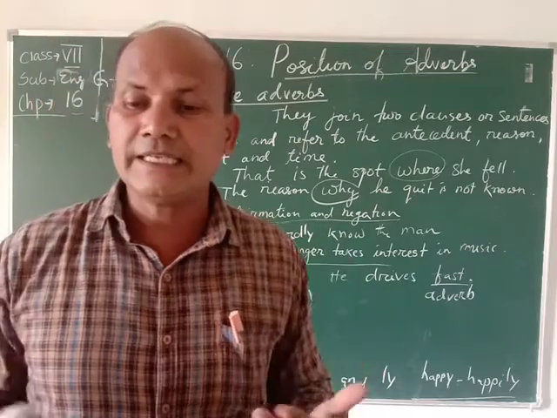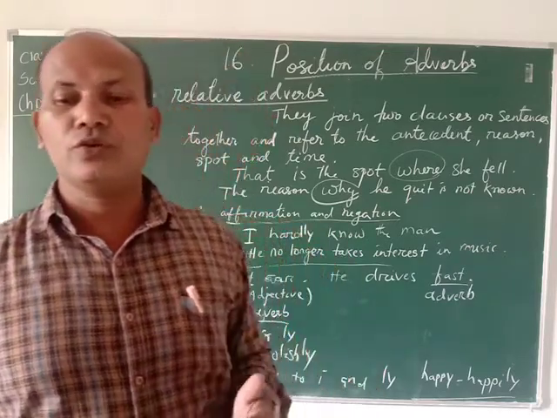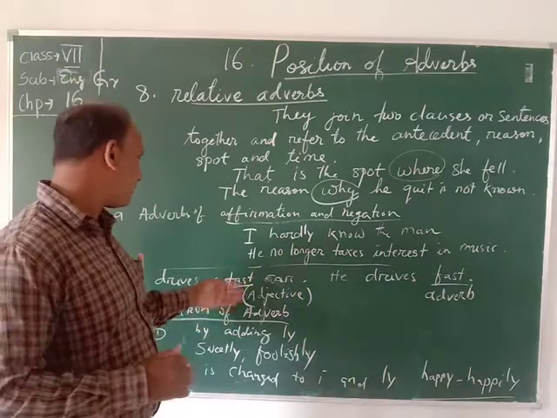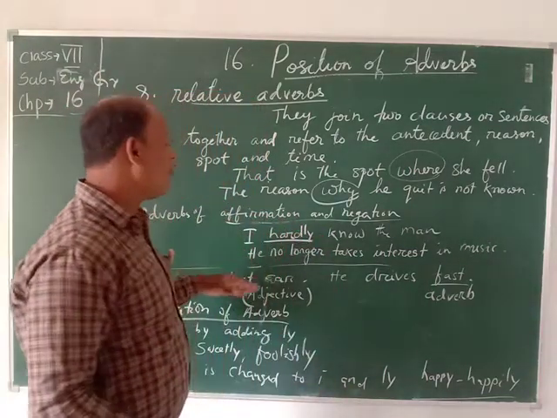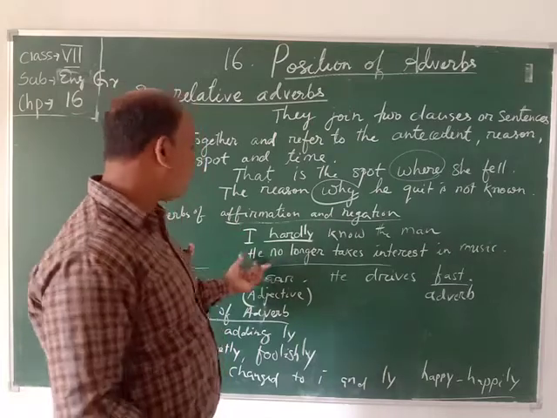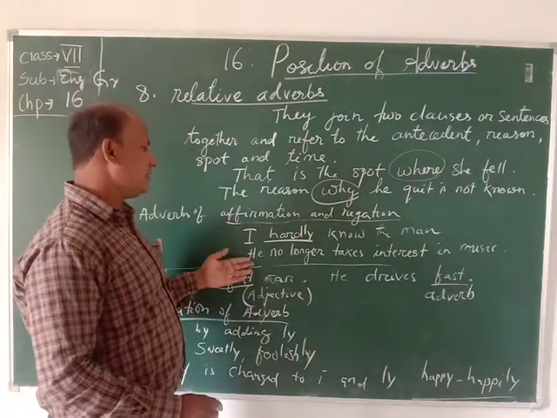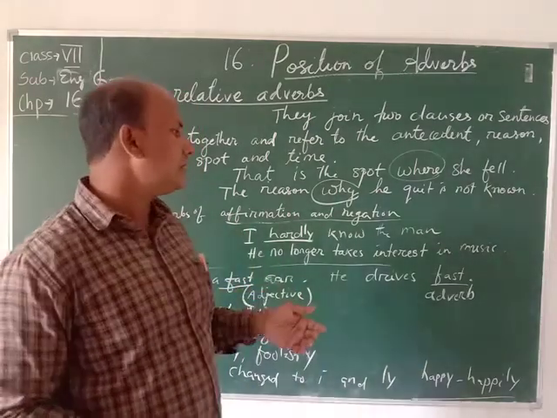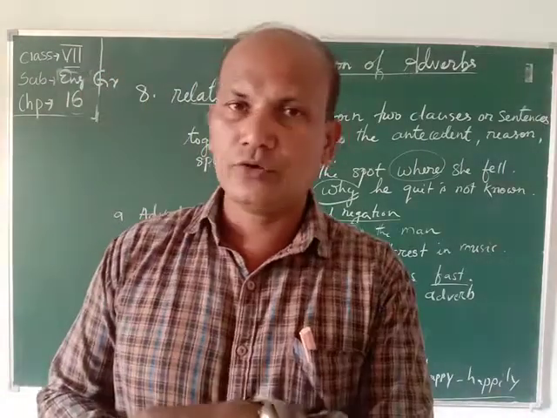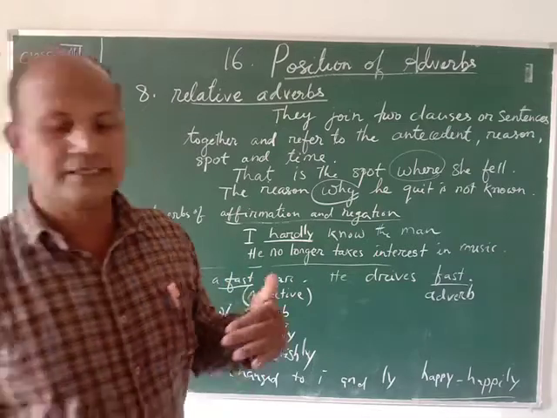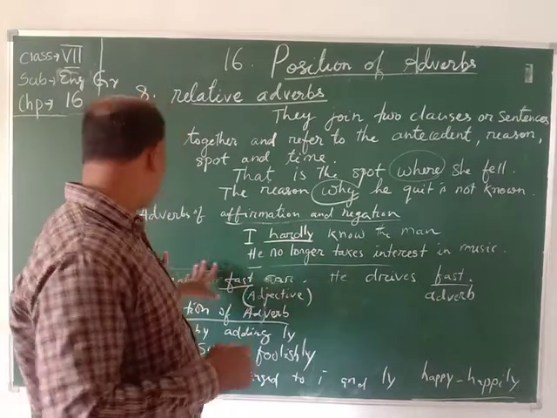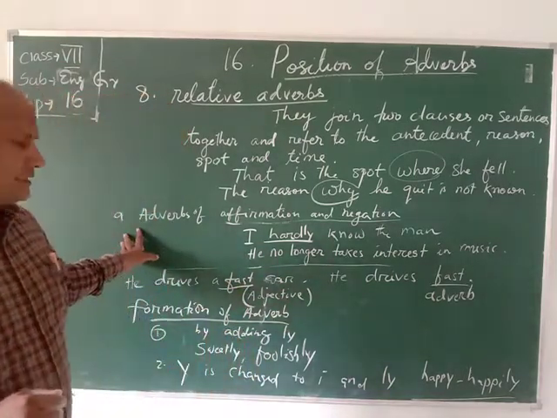They are scarcely able to see the road, or I hardly know the man. These are all affirmation adverbs. But when no or not is used, they are called negation. He no longer takes interest in it. No, I don't know. That is also negation. So it's clear to understand all these 9 types of adverbs.